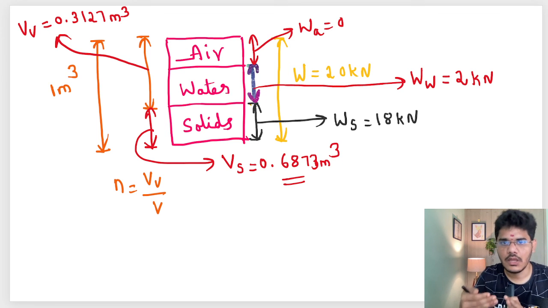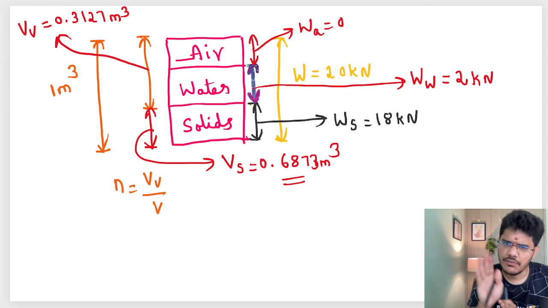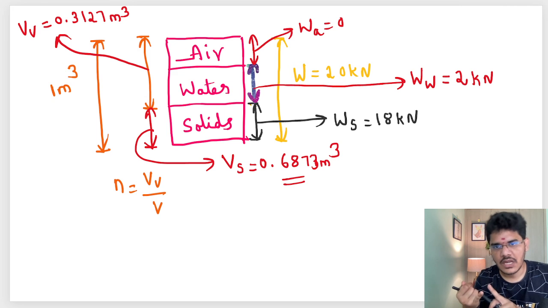In this way only you have to approach a question on soil water relationships. Not only on soil water relationships, in every question we have to tackle. Read the question carefully 1 to 2 times, write down the given data, write down what has been asked in the problem, and identify what formula has to be used to solve this question.